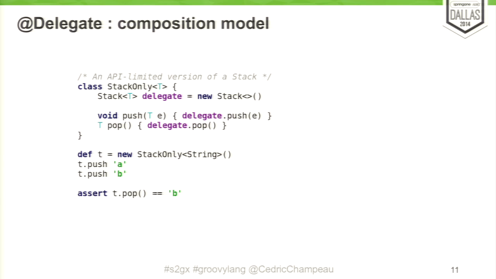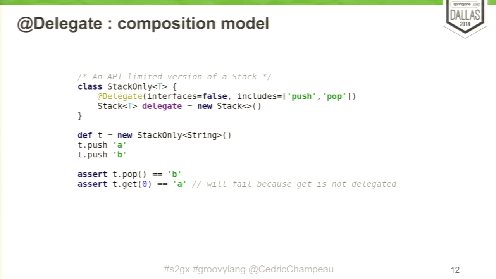That's all. So I create a delegate, which delegates to the real Java stack. I don't care what it does. But my stack will only expose two methods, push and pop. Very simple delegation mechanism. In Groovy, you actually have an AST transformation.